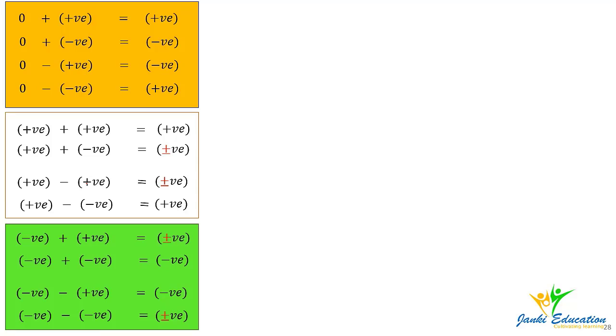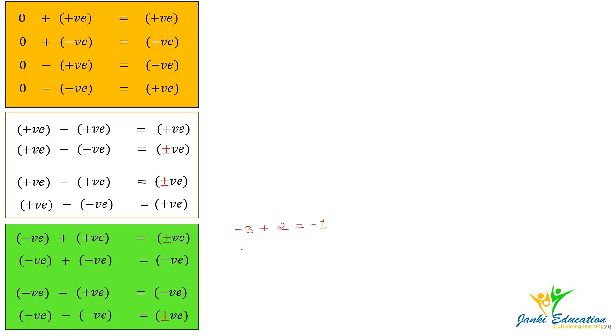So here, negative number plus positive number. Say I will take minus 3 as negative plus 2 as positive. Then minus plus minus results in minus 1.